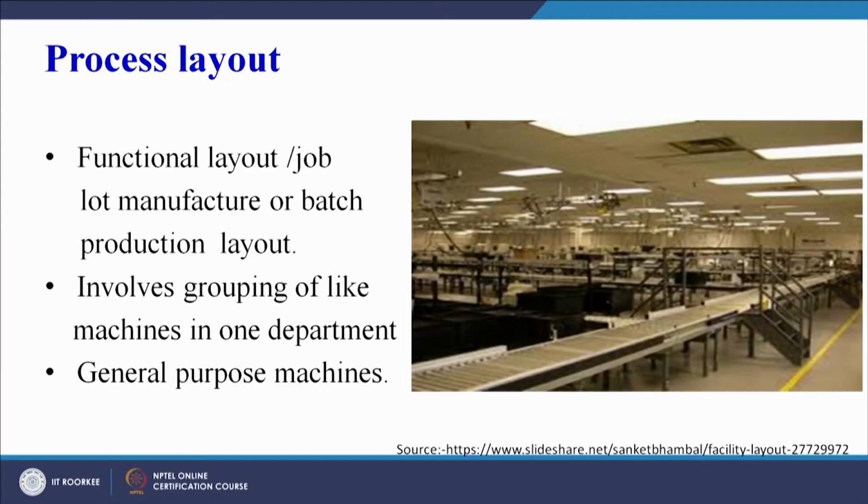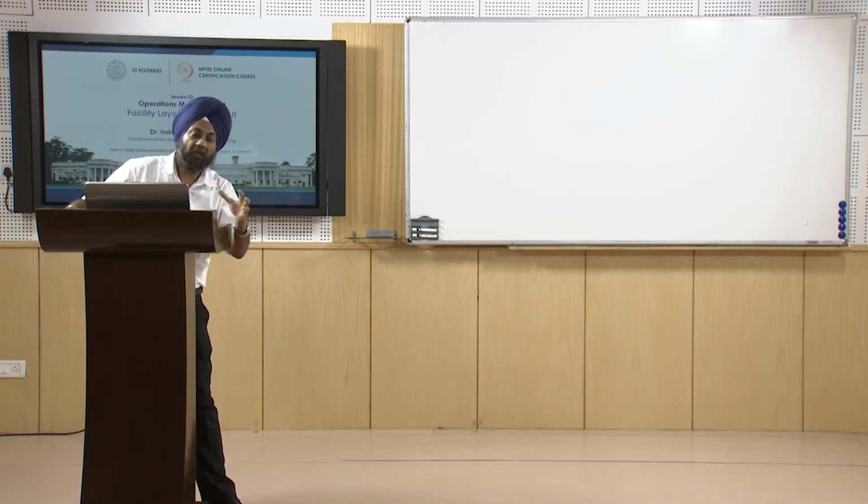line type of layout. One additional aspect that I missed here is that we have to have general purpose machines here. In product or line type of layout, the product design will be more or less consistent, more or less constant. For example, a company is producing a car, so the design of the car is not going to change maybe in a year or 1.5 years or 2 years time.